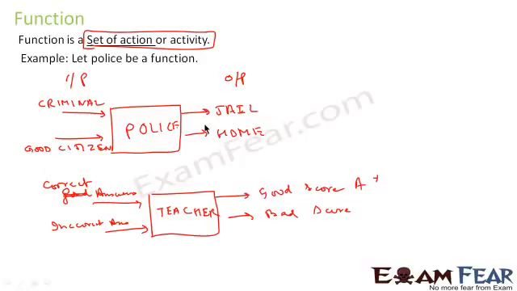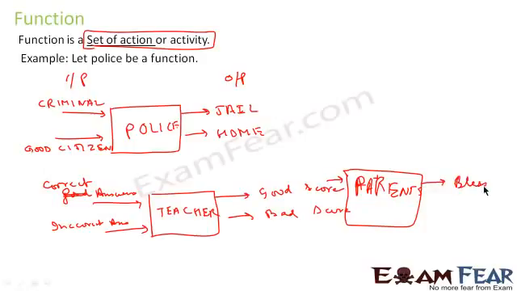Let's take an example where input from one function goes to another function. Here let's take one more function called parents. P-A-R-E-N-T-S. So you gave a correct answer to the teacher. Teacher gave you a good score. You showed the good score to parents. You got blessings and you get gifts from parents.